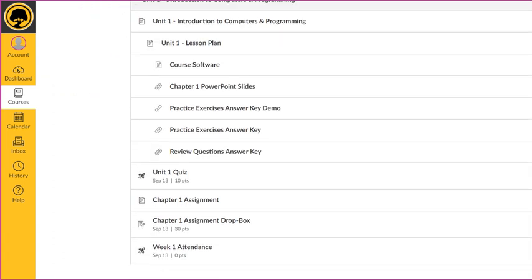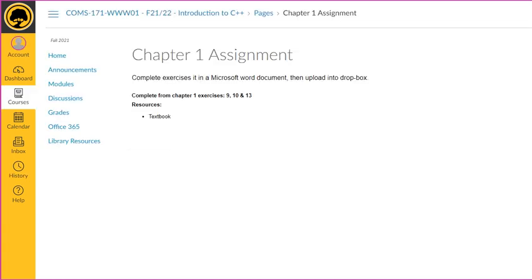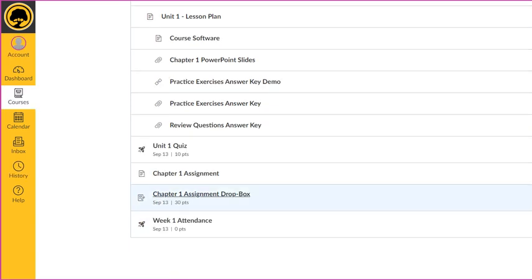And then finally, you'll have your assignment that you'll need to complete. It told you here that you'll need to complete chapter 1, exercises 9, 10, and 13. They're usually at the end of your textbook, and you'll need to complete those in a Word document. Then when you're done with the Word document, you'll turn that in under your Dropbox.